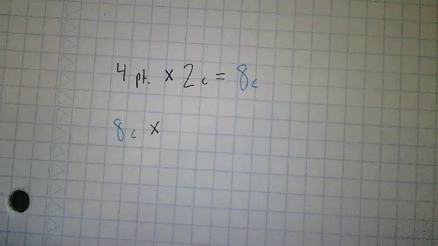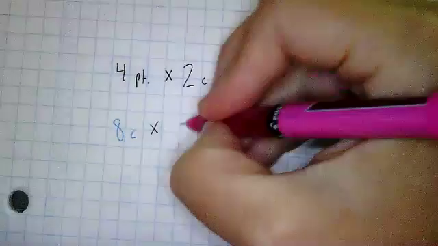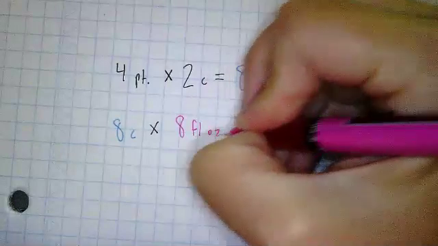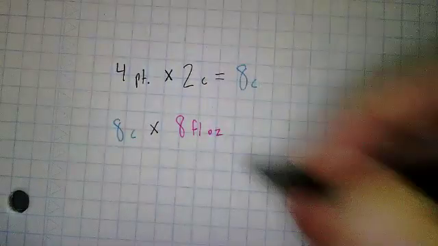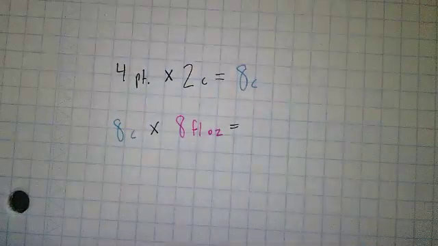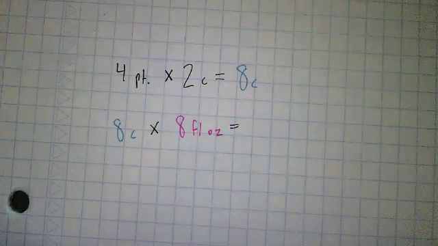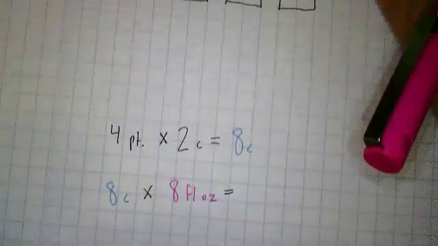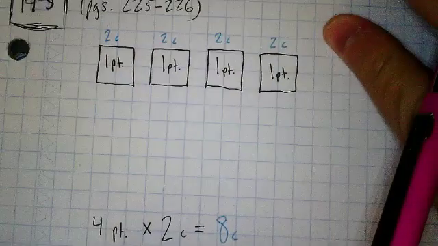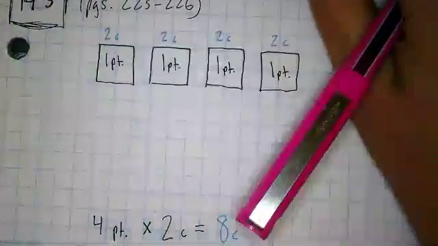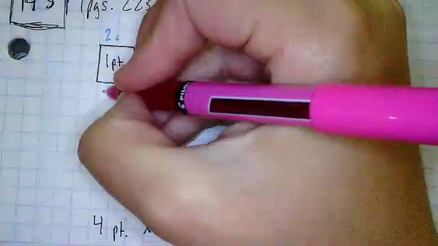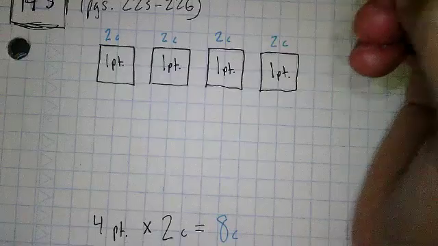Lauren? 8 fluid ounces. So we're going to take those numbers and, of course, multiply them. We can also write that up here in our picture if we want. Each pint is 2 cups, and each cup is 8 fluid ounces.